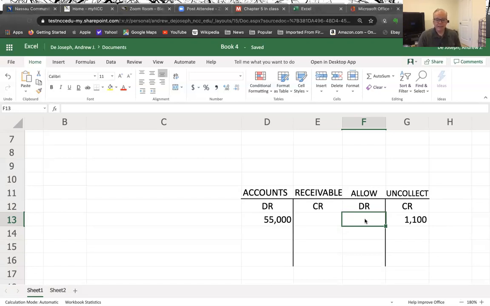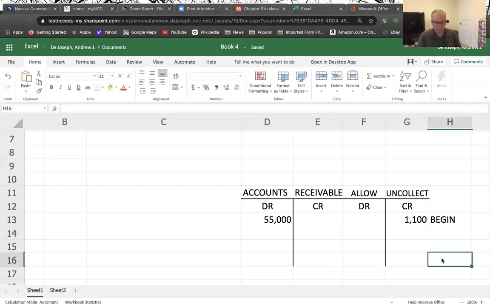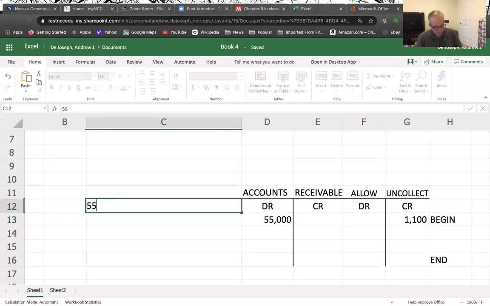Now, under this method, we have to figure out, I'm going to put the word begin here. Begin. Now I'm going to put the word end here. The ending balance in this account is going to be determined by multiplying this 55,000 times 12%. So what's 55,000 times 0.12?